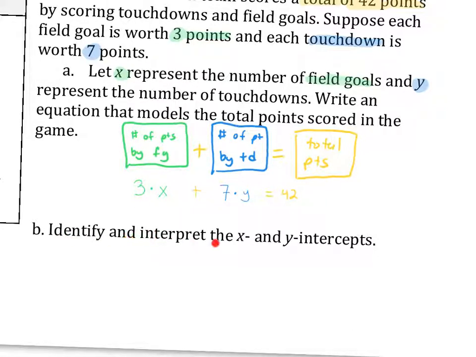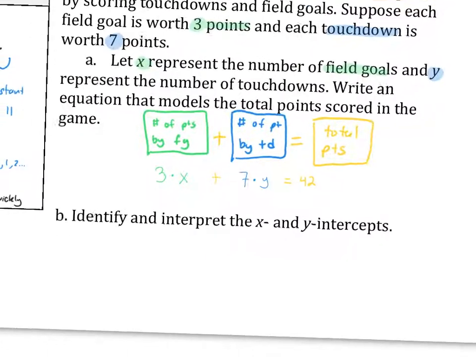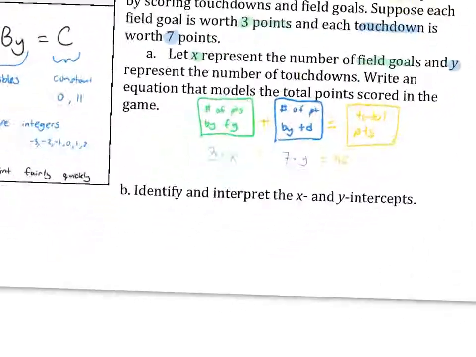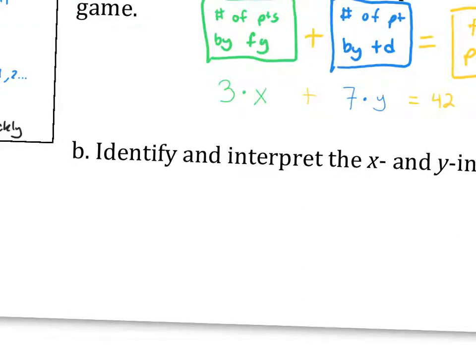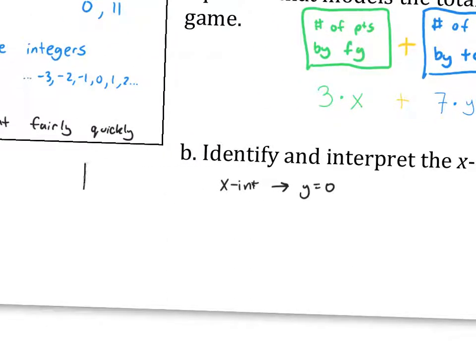We're going to identify and interpret the x and y intercepts. Okay, so x and y intercepts look like this. To find the x-intercept, the key thing is that y equals 0. Let me just show you again on a graph.